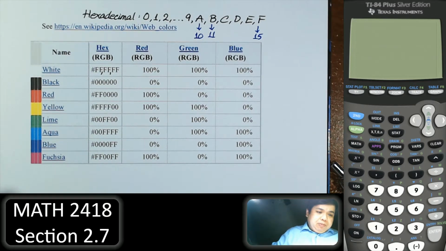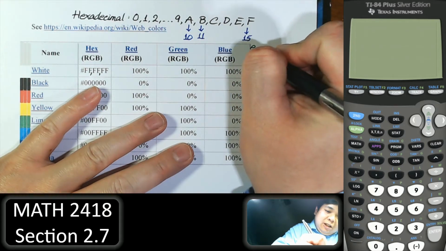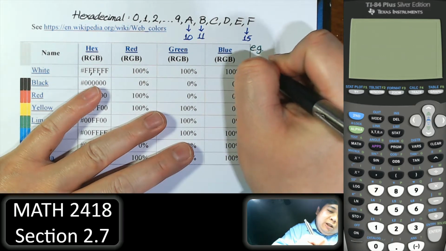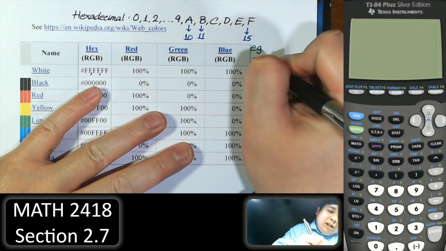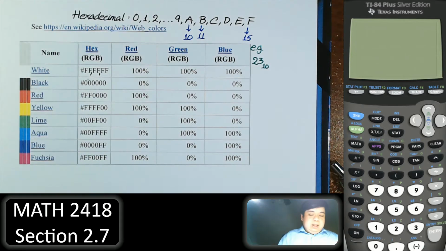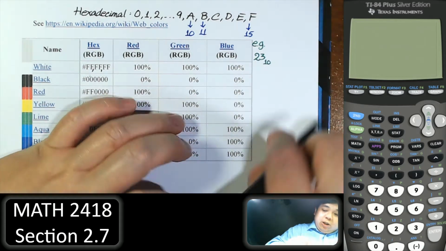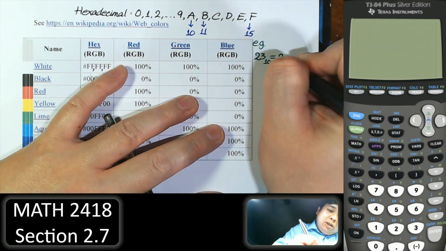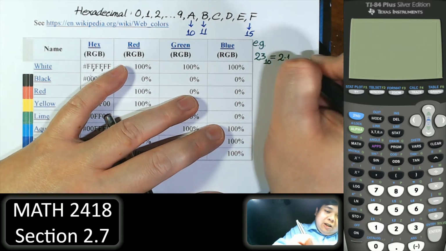Now, when we write a number, let's say 23 in base 10, 23 base 10 is equal to 2 times 10 plus 3.